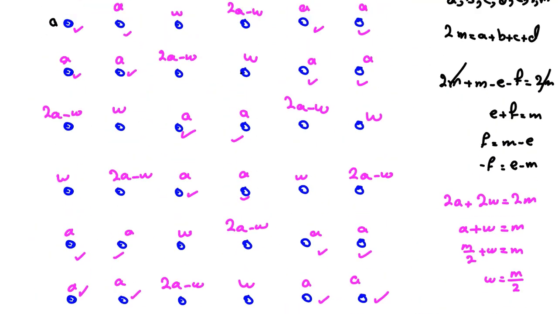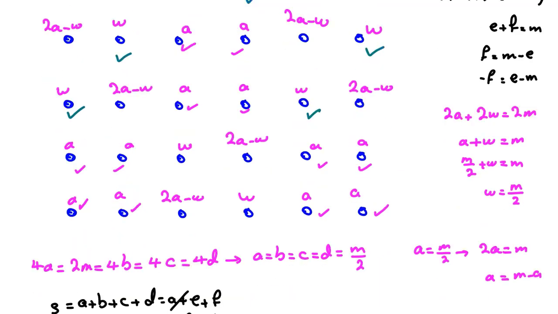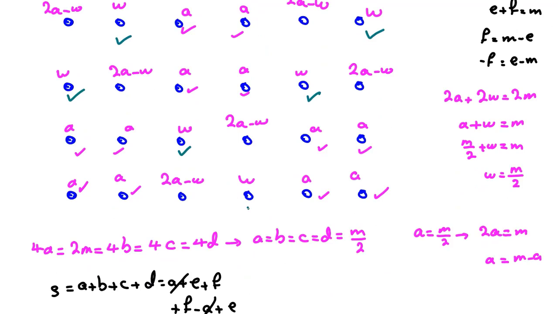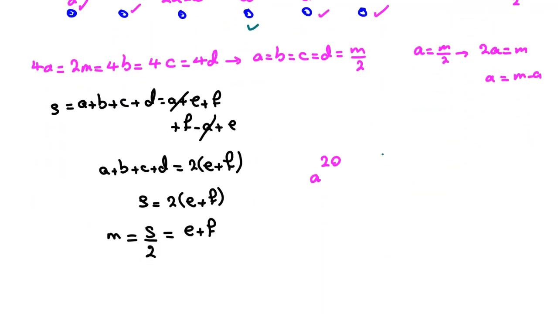Let's consider how many w's are there. 1 w, 2 w's, 3, 4, 5, 6, 7, 8. So W to the 8. At the end, how many vertices do we have? 36. So we have 2a minus w to the 8 to be 36.